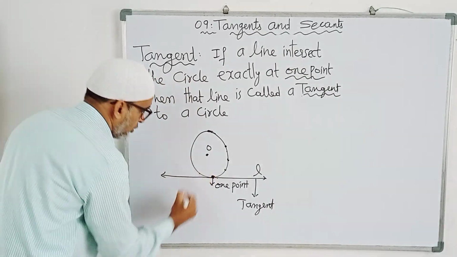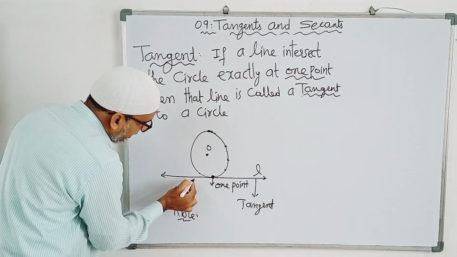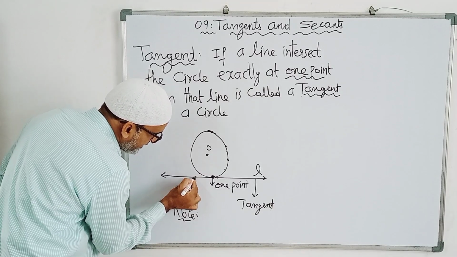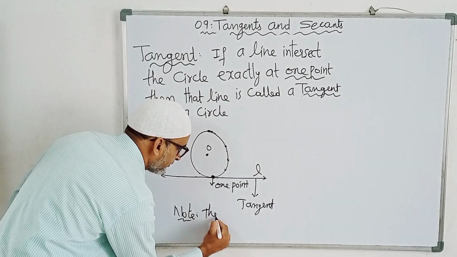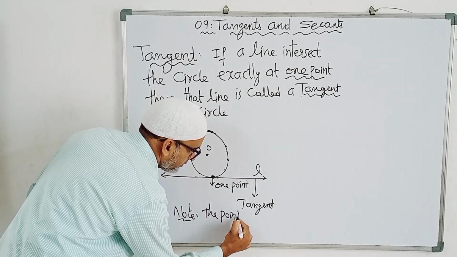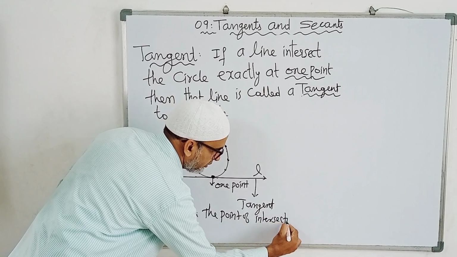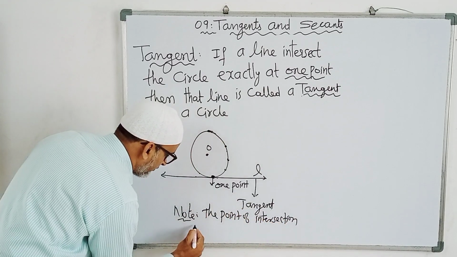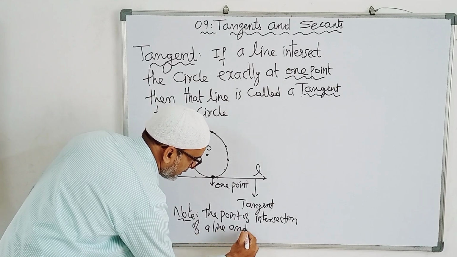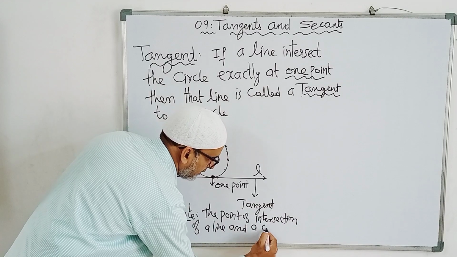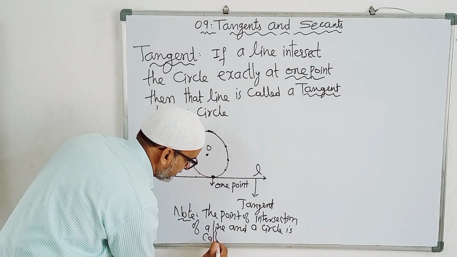Next is a note. One important point: the circle and line are intersecting at this point. The point of intersection of a line and a circle is called, what means?